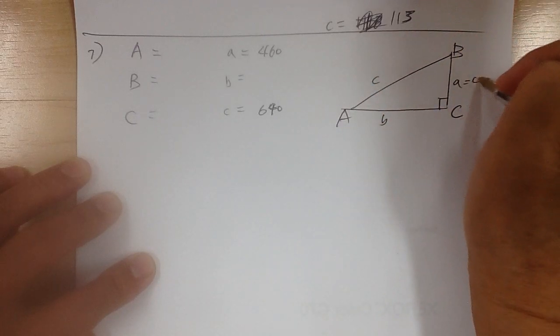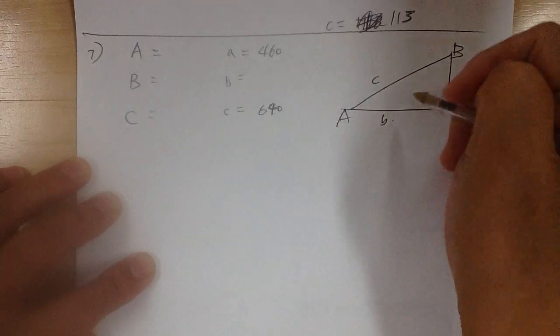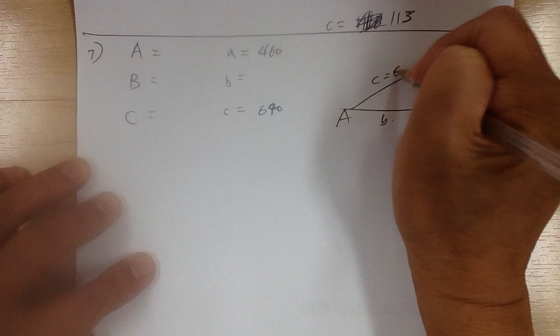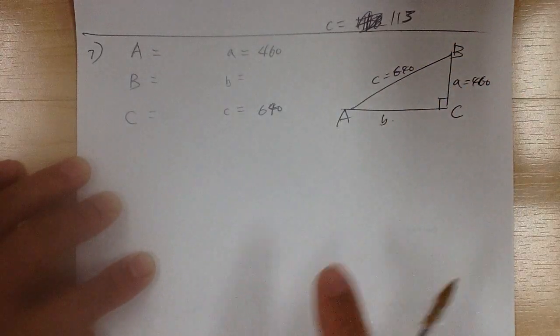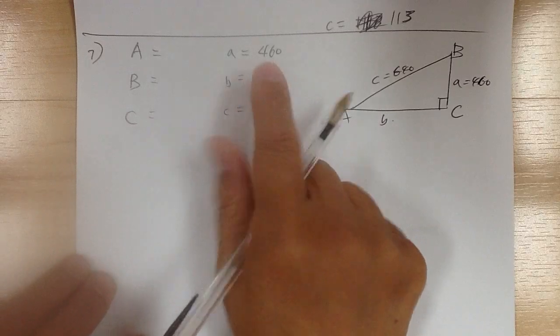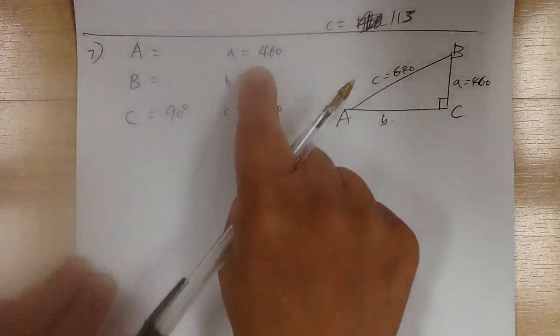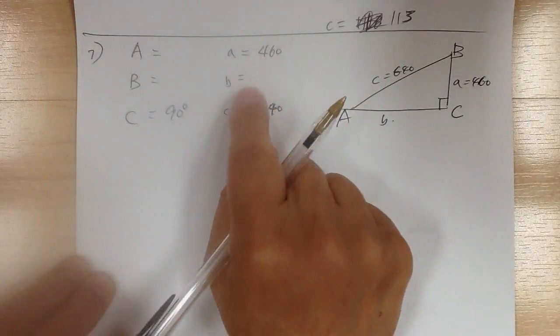So a equals 460 and c equals 640. Okay, so first thing we can do is use the Pythagorean Theorem to find b, so let's go and do that. We also can find C, right? C is 90 degrees.